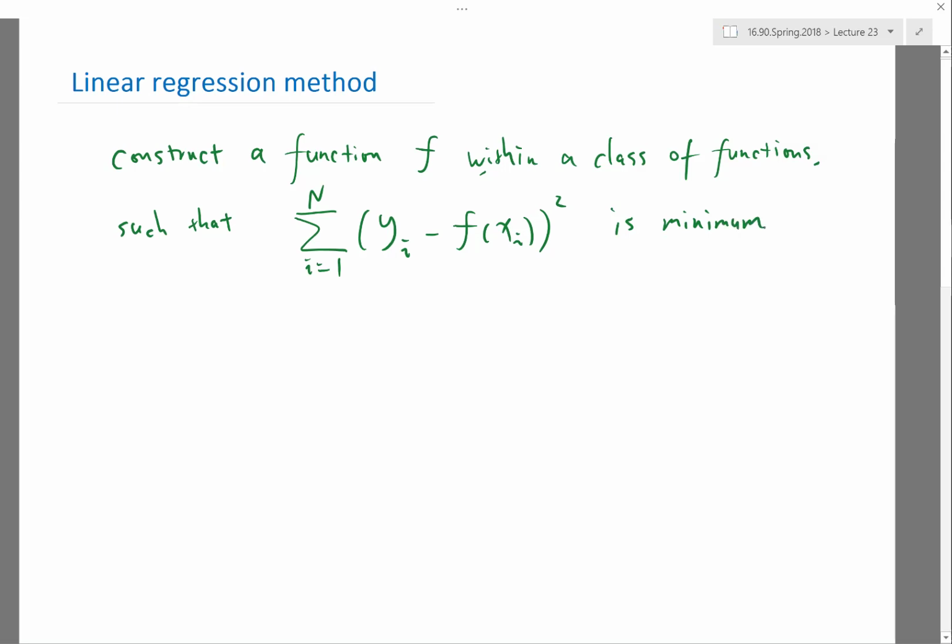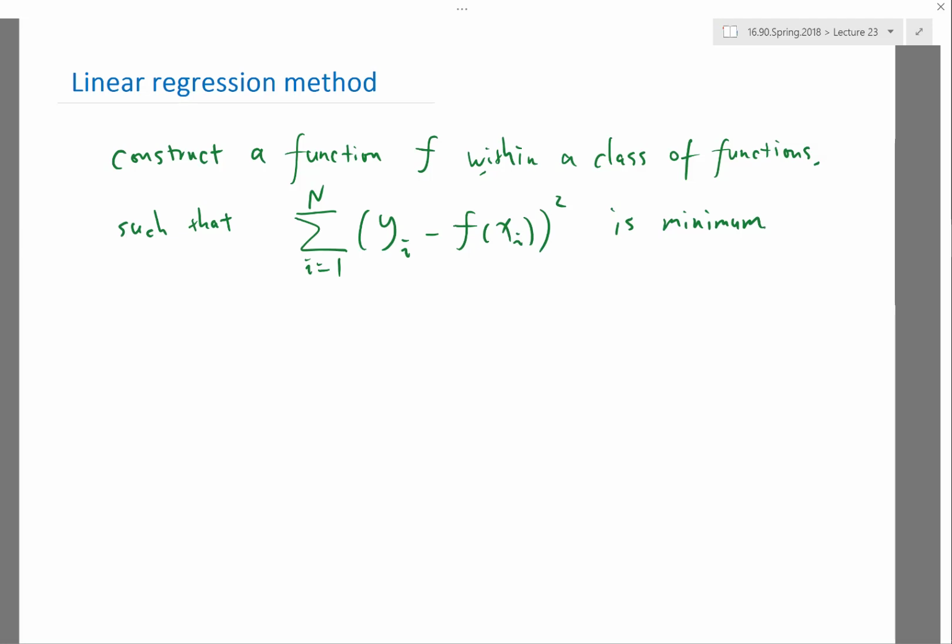All right. So here I use the square difference. There are several other variants that use other norms of difference. Maybe you take the absolute value, for example, or in a different type of problem called a classification problem, you don't minimize the difference between them, but you look at the percentage of samples you are misclassifying as the function to be minimized.